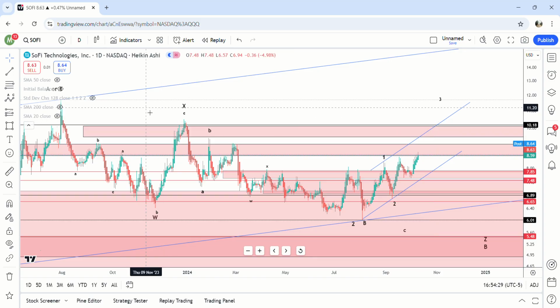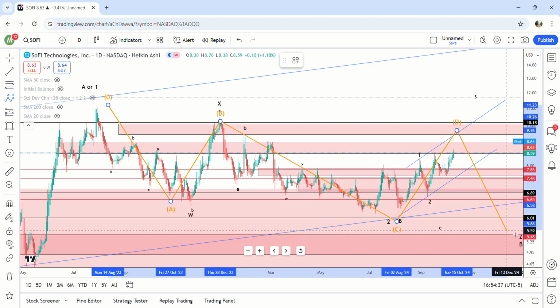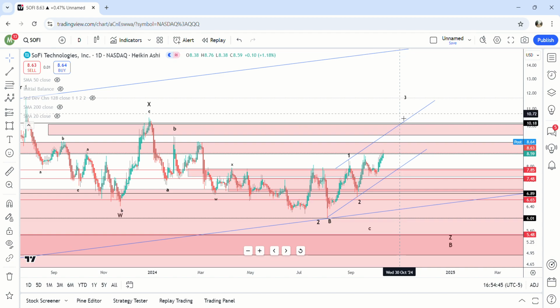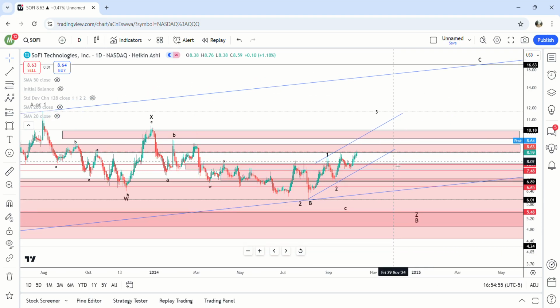because it's still a lower high compared to this right here. So we have lower high, lower low. So really, until it comes up here and breaks 1020 and breaks this parallel line, I still like my original count. But I'm not going to say it's impossible that it goes up here, but a lot of factors are pointing towards this just being a WXY move, rising wedge up to 9 to 10 bucks, and then fall back down.